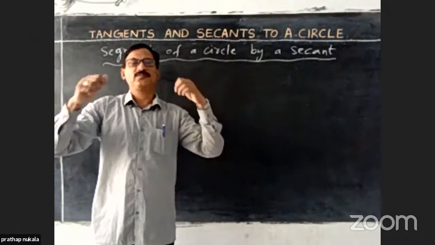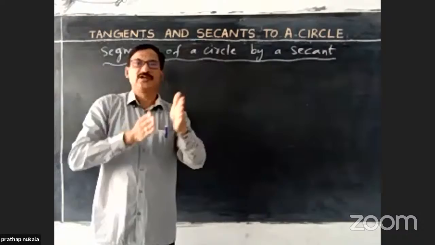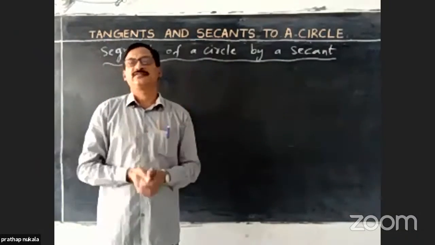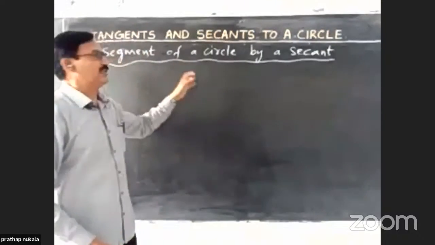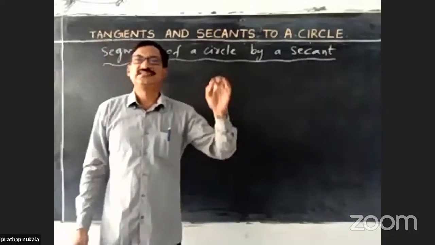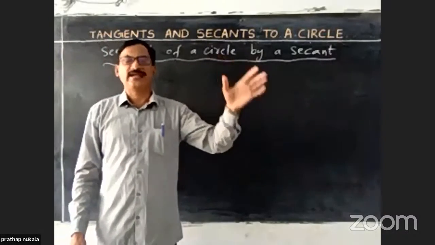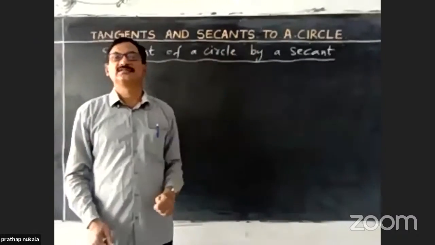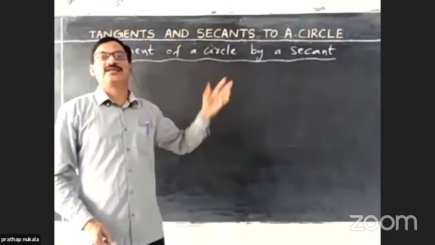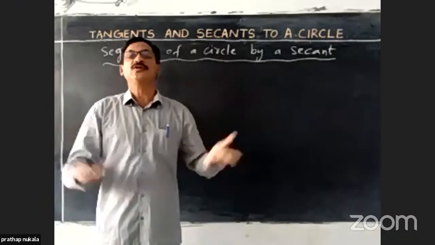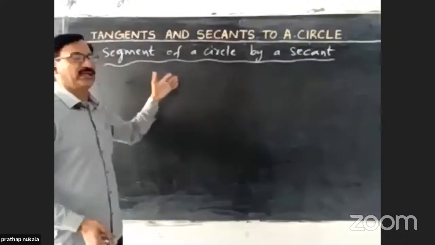In the same way, if a circle is divided by a line, known as a secant, then it can be divided into two parts. That we have to discuss here.